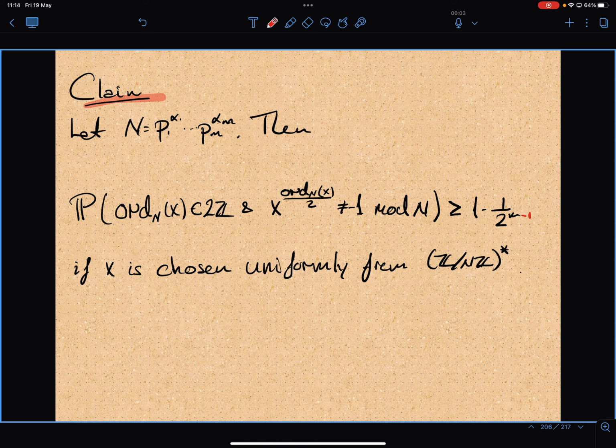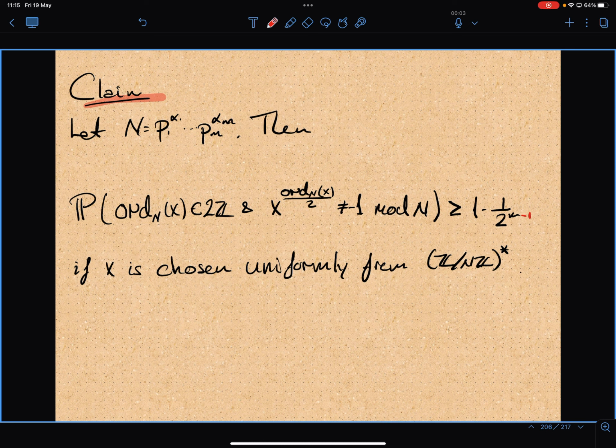I think this is a minus 1. I think the textbook says m, and I think that's a typo. So we'll go through the proof. And this is if x is chosen uniformly from this set of elements that have GCD equal to 1, that have inverses. So this is what we're trying to prove.